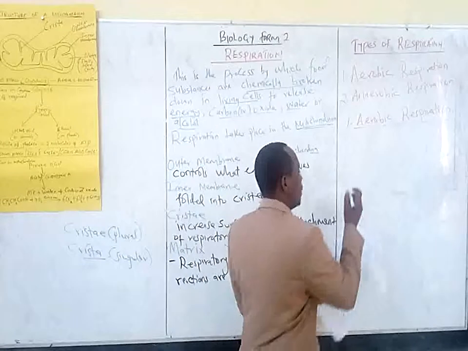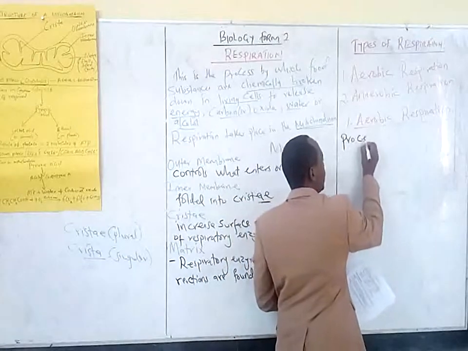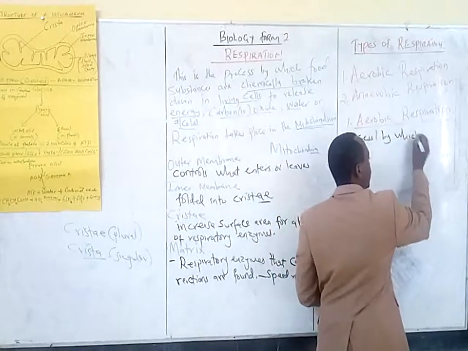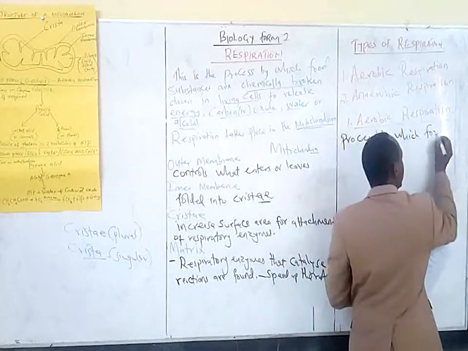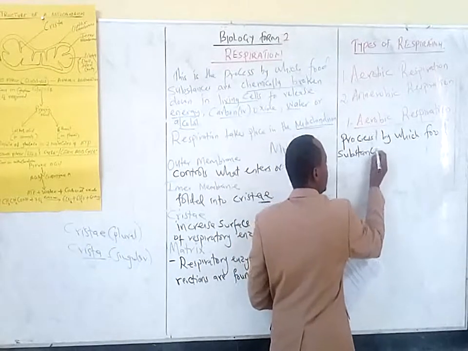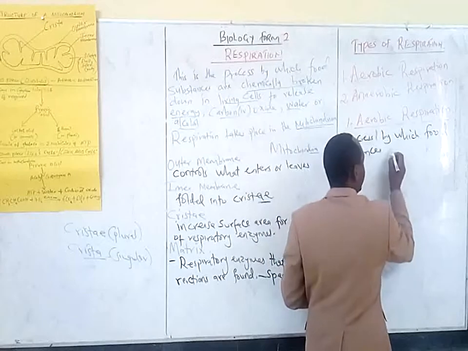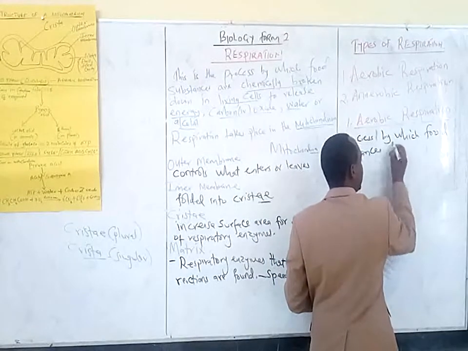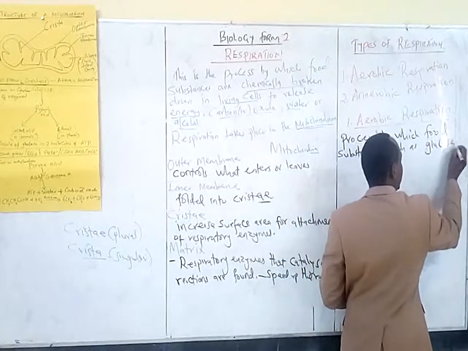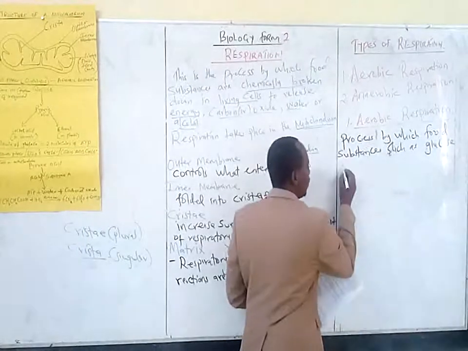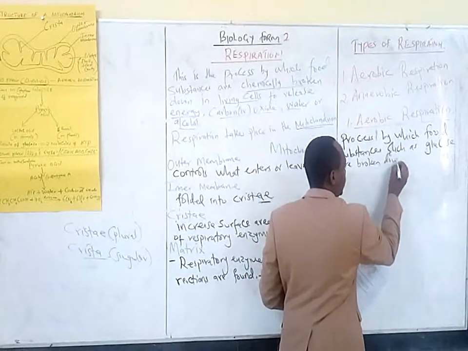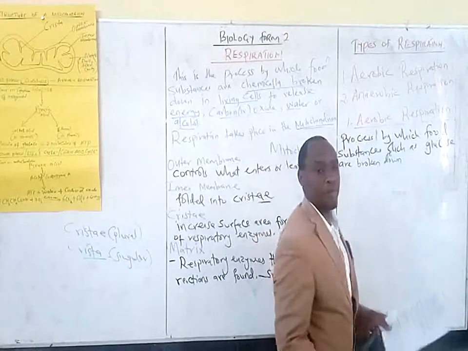So we are saying it is the process by which food substances, for example glucose, are broken down in the presence of oxygen.